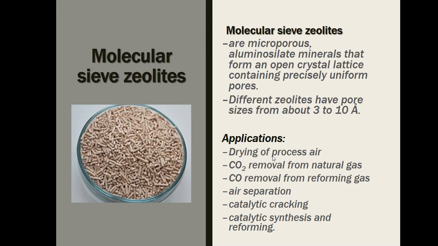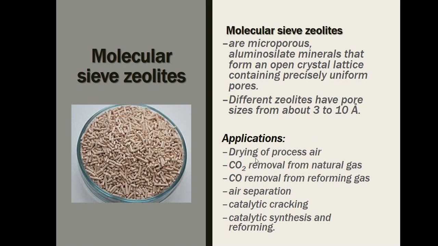Now, molecular sieves (zeolites). These are microporous aluminosilicate minerals that form an open crystal lattice containing precisely uniform pores. Different zeolites have pore sizes from 3 to 10 angstrom, so the smallest so far in terms of diameter. Now, applications of these molecular sieves are varied.